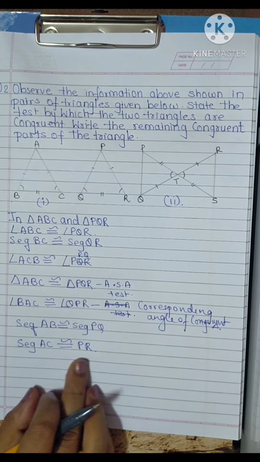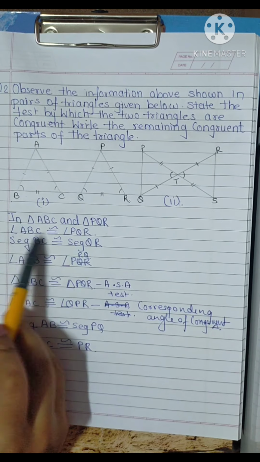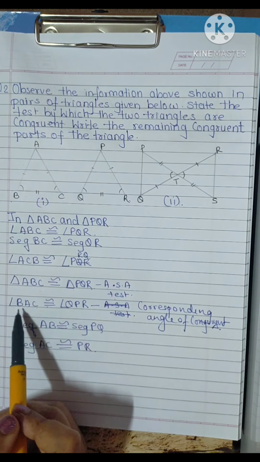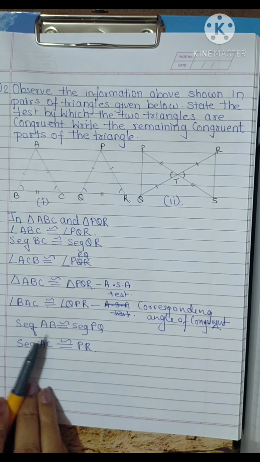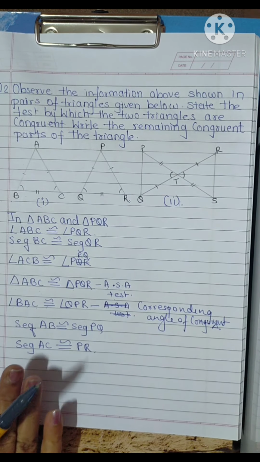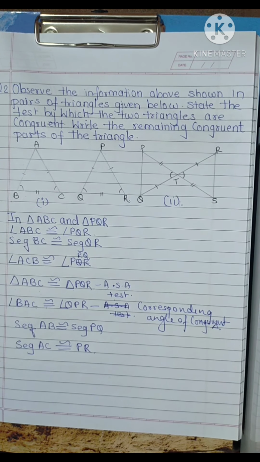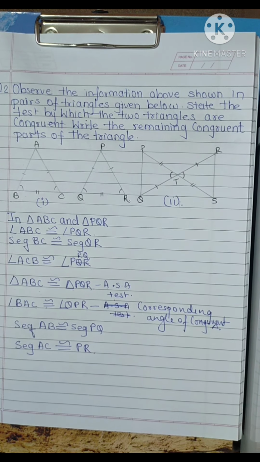So we have proved whatever conditions we had to. The remaining ones were the given conditions, as you can see in your textbook. I hope you understood the first diagram of question number 2. Now you are going to solve the second diagram.